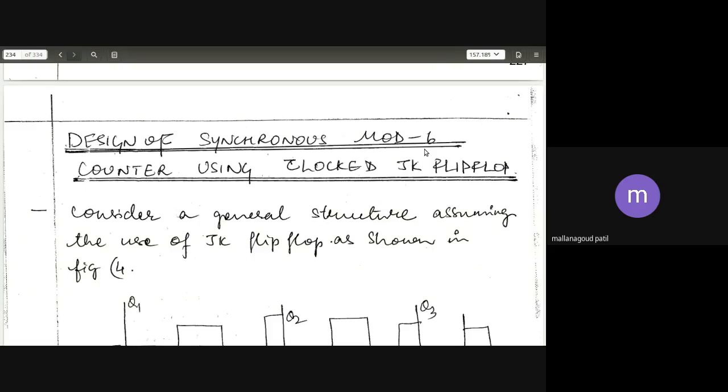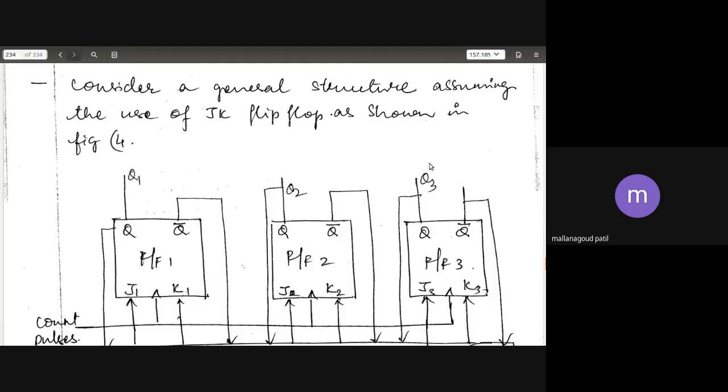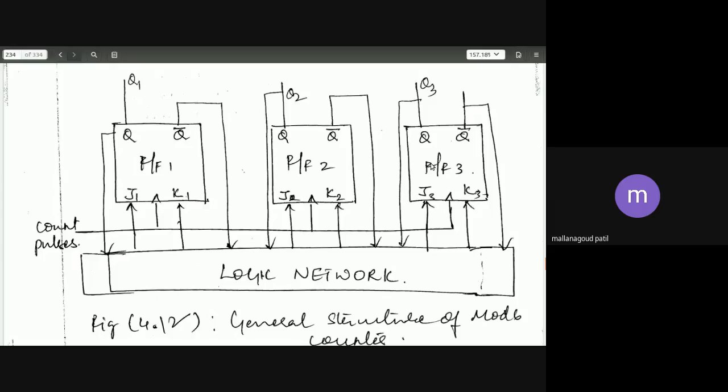1 bit, 1 flip flop, that you know already. Then how many flip flops do you need to construct? 3 flip flops. And the logic network is given in general. See here: clock of flip flop 1, flip flop 2, flip flop 3, all are connected to the count pulse.